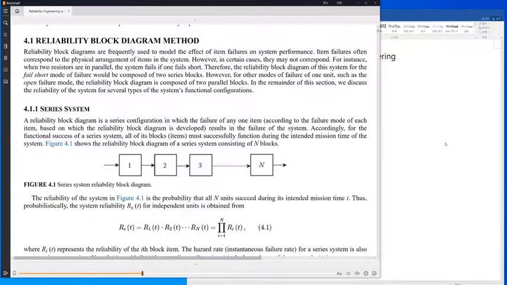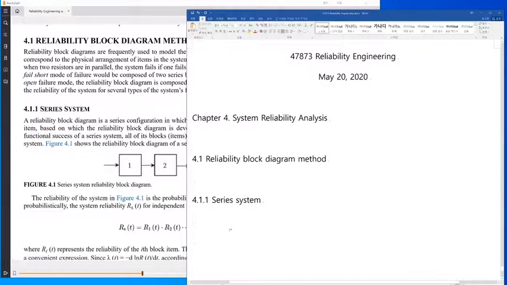So in the case of a series configuration, all items must function successfully.